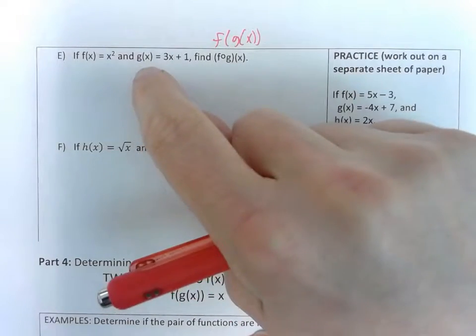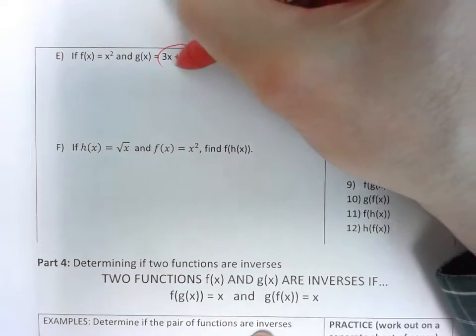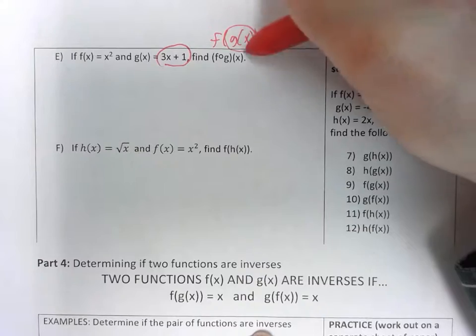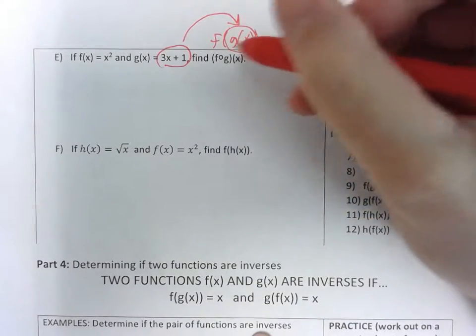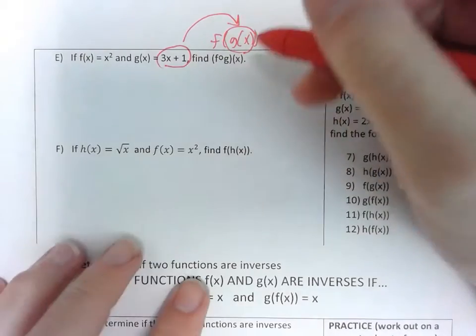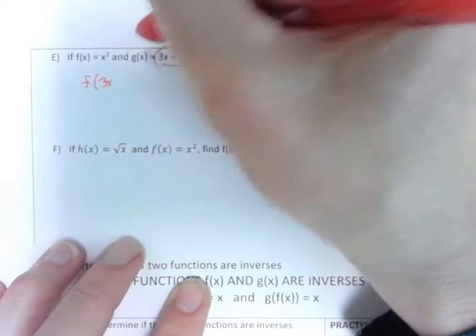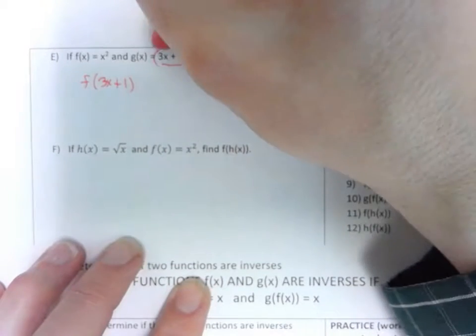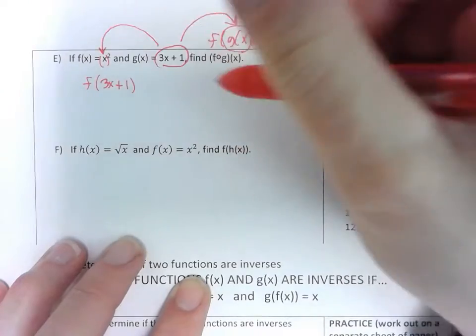Since g of x is 3x plus 1, we are plugging that in for the stuff inside the parentheses after f. So I want to know what is f of 3x plus 1. What I'm doing again is replacing the x in x squared with 3x plus 1.